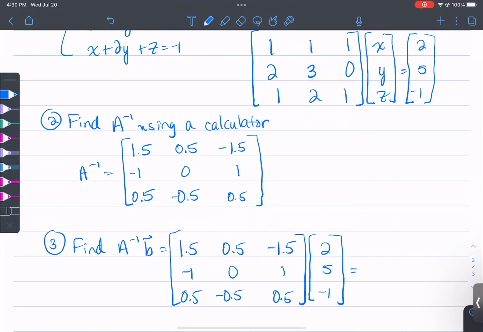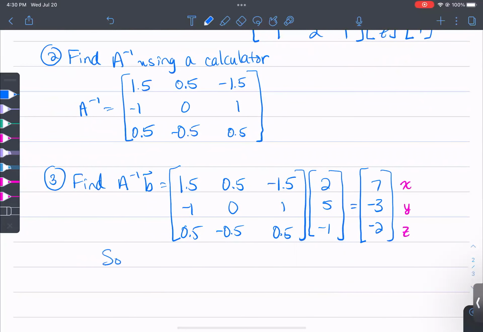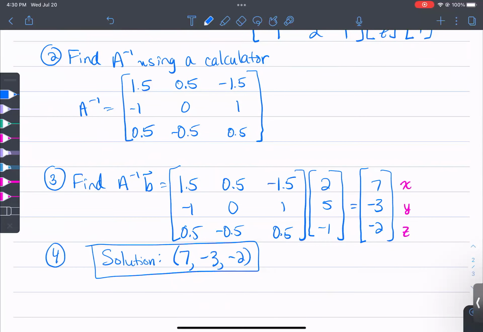You can put both of those into the calculator, say as A and B, or you can use the A inverse button on your calculator times the B matrix, and you should get 7, negative 3, and negative 2, which corresponds to our variable matrix. So the values of X, Y, and Z. So our solution would be 7, negative 3, and negative 2 as our fourth and final step.